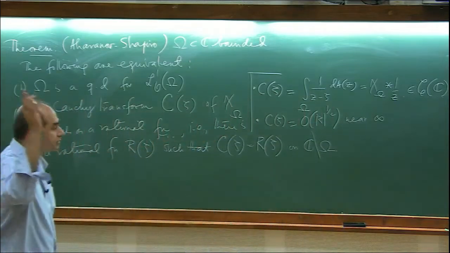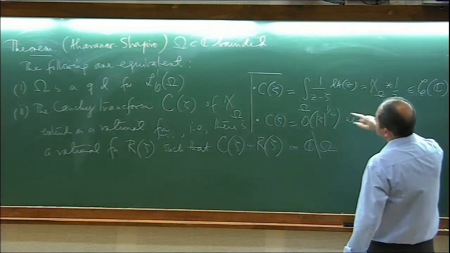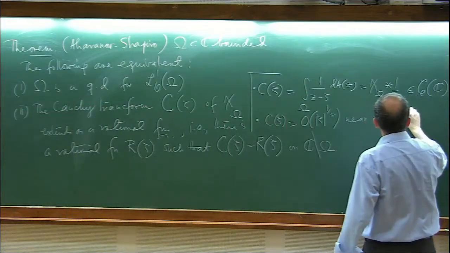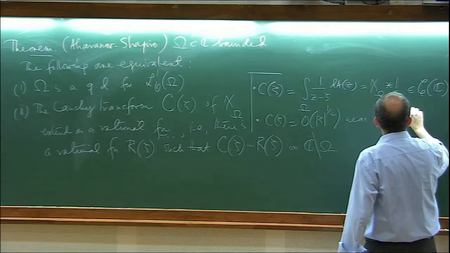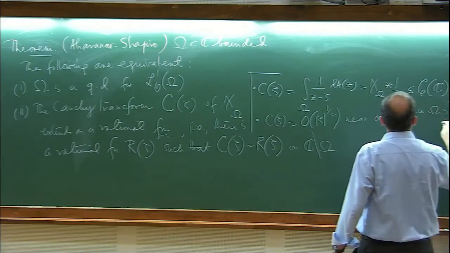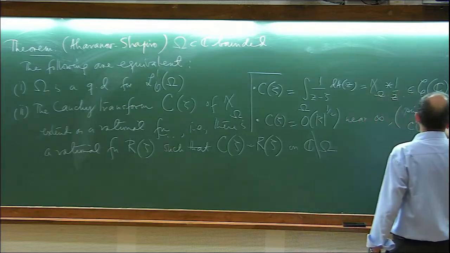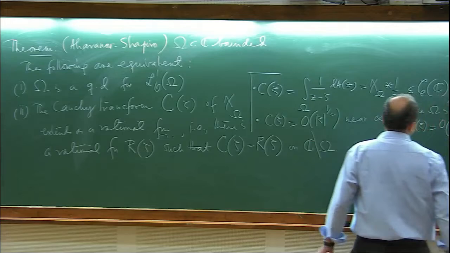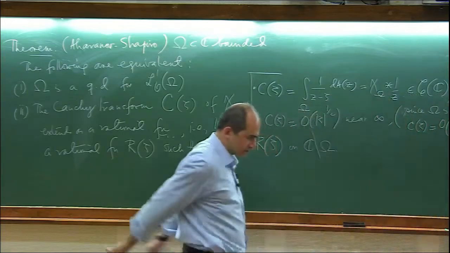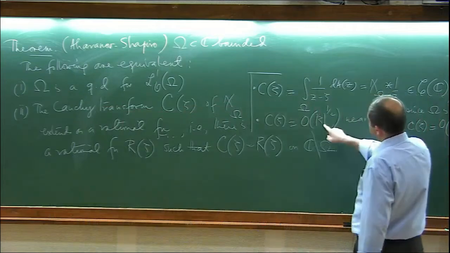But as Kaushik pointed out after yesterday's lecture, you can do much better if your domain is bounded. Since this is bounded, C of zeta is in fact big O of 1 over zeta. So the Cauchy transform vanishes at infinity. But in general, this is the best that we can expect.